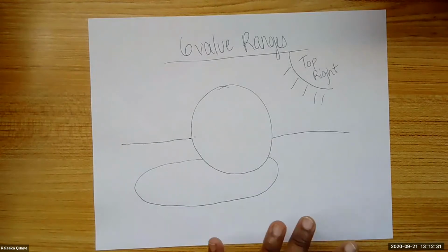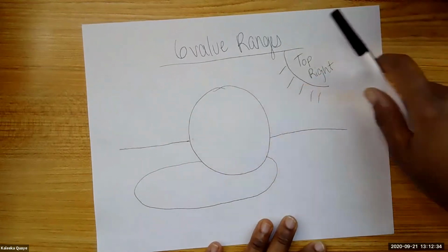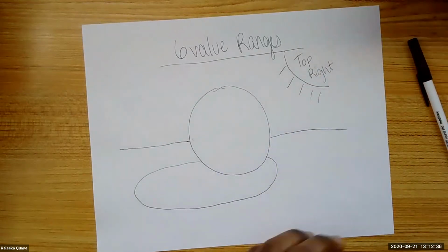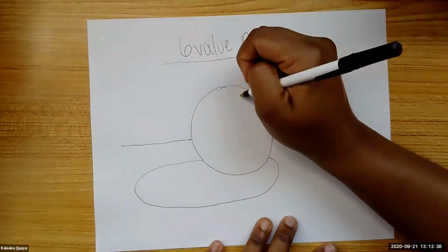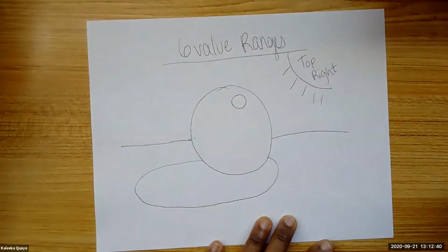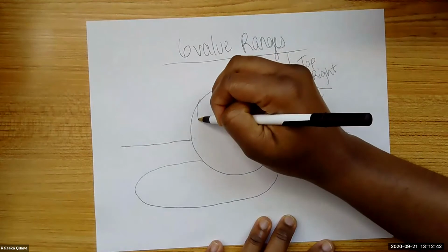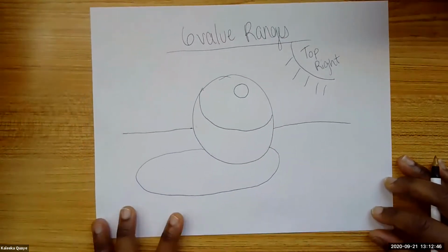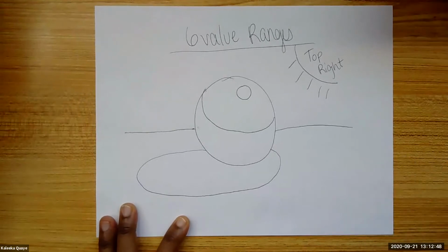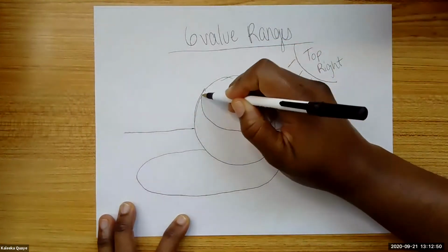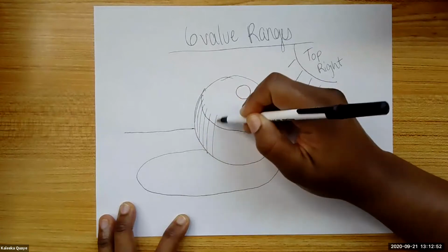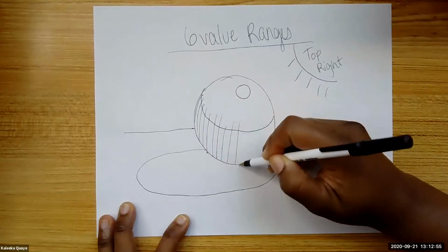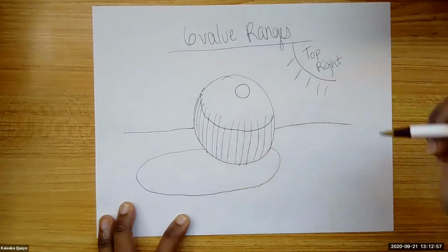Now, when you're drawing these little ranges, I'm gonna just change colors so you guys can see what I'm talking about, but I'm gonna draw one little circle here, okay? And then I'll draw a line that goes across like that. And you just mimic what I'm doing, okay? And then I'm gonna go ahead and do some hatch lines. They kind of just go this way. This shows the value on this side.